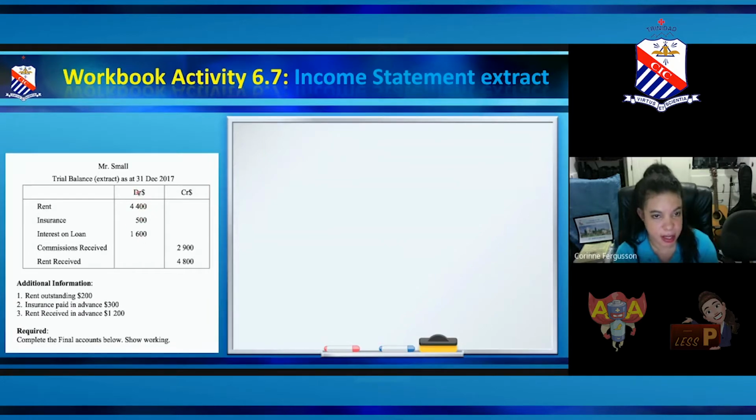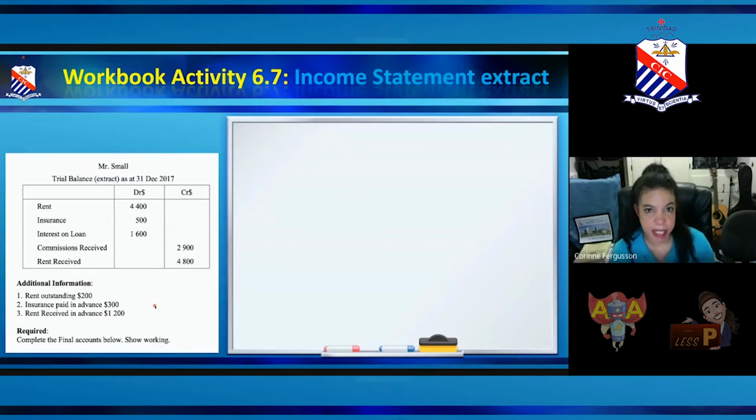These are expenses because it's under debit. And the amounts received, these are revenue or income because it's under credit. And down here you have your adjustments, your accruals and prepayments.